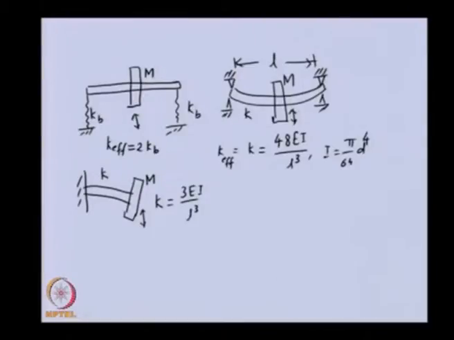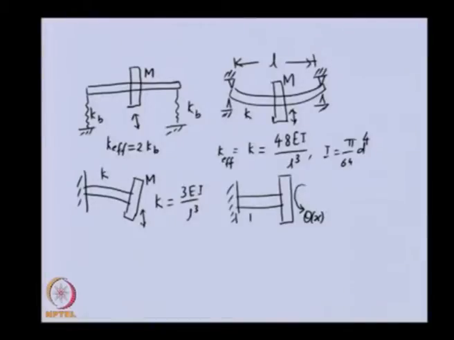Another case, we can have a cantilever shaft with a disc, but let us say we are trying to analyze the torsional oscillation of this, that means twisting of the disc about its own axis.